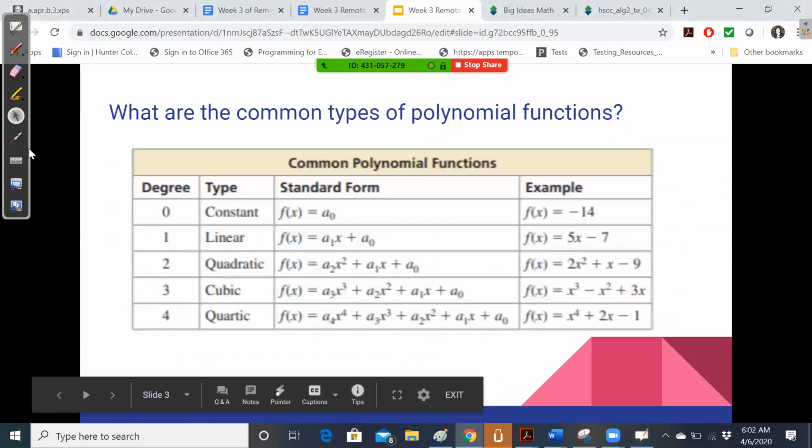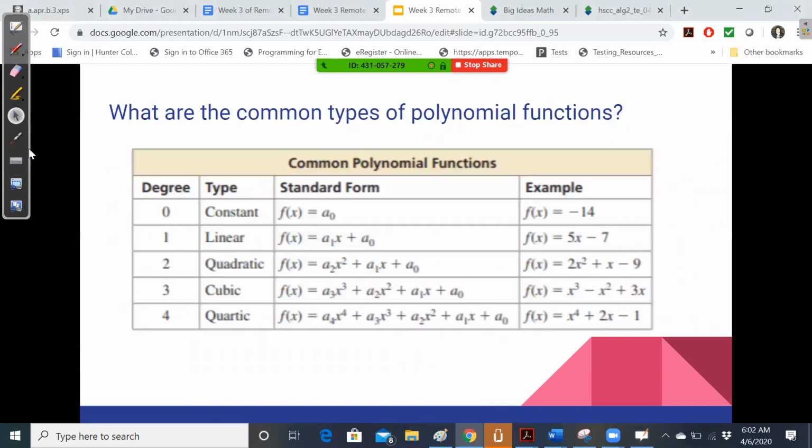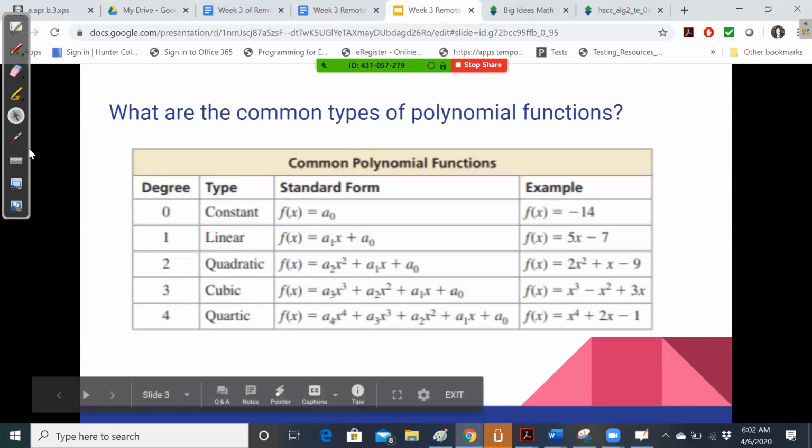So here are the common types of polynomial functions. We've seen this before, the quadratic function. But we also have, if your leading coefficient has the exponent 3, then you're going to have a cubic polynomial function.